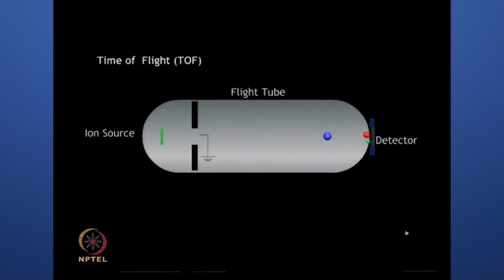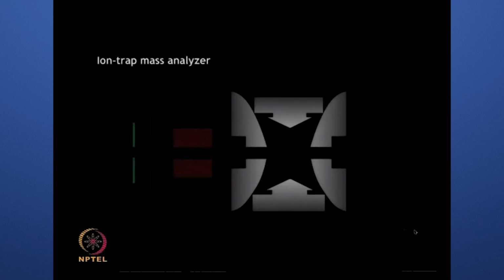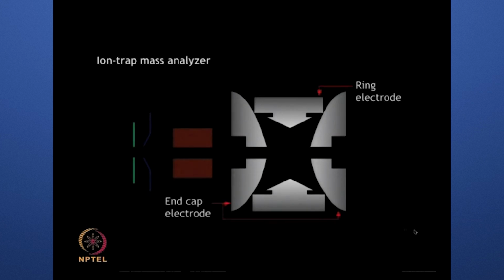Ions of lower masses are accelerated to higher velocities and reach the detector first. The time of flight under such circumstances is inversely proportional to the square root of the molecular mass of the ion. The TOF analyzer has several applications in proteomics.